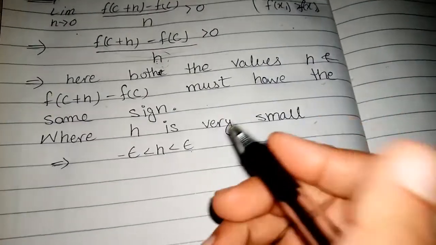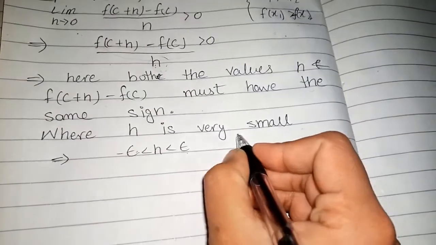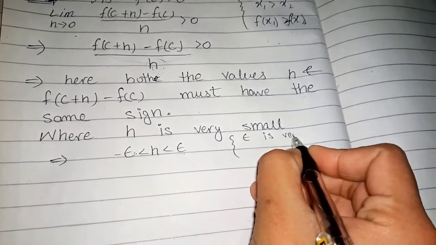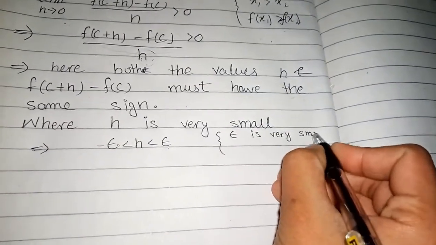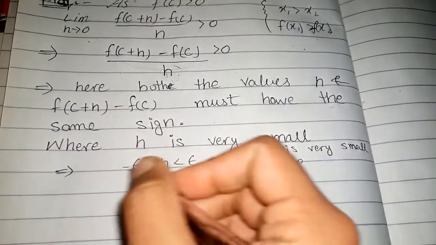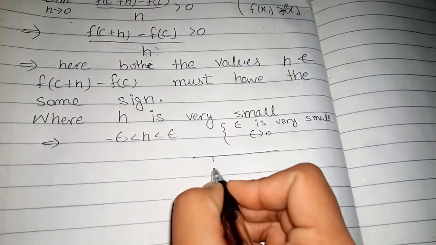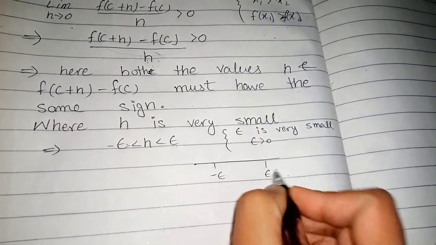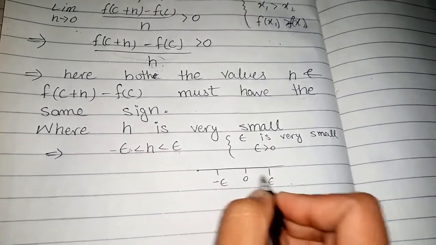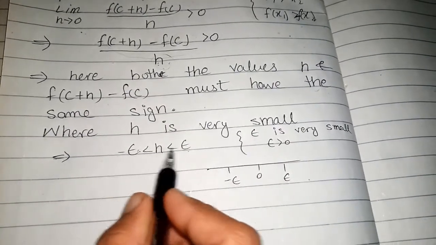Here epsilon is very small, and it must also be greater than 0, and we have an interval. As we see on the real line, if there is a minus epsilon and epsilon, then there must be 0 in between these values.